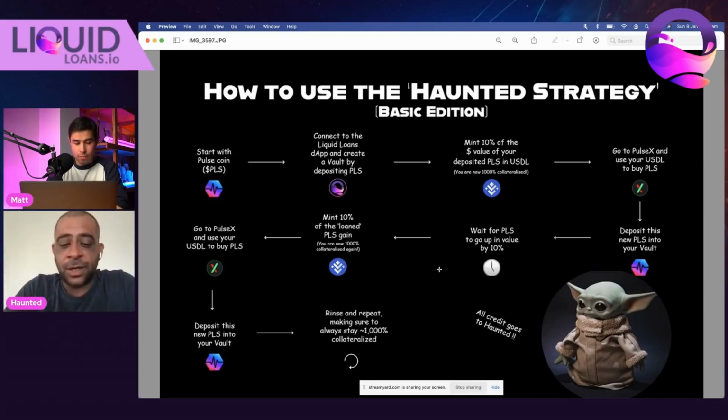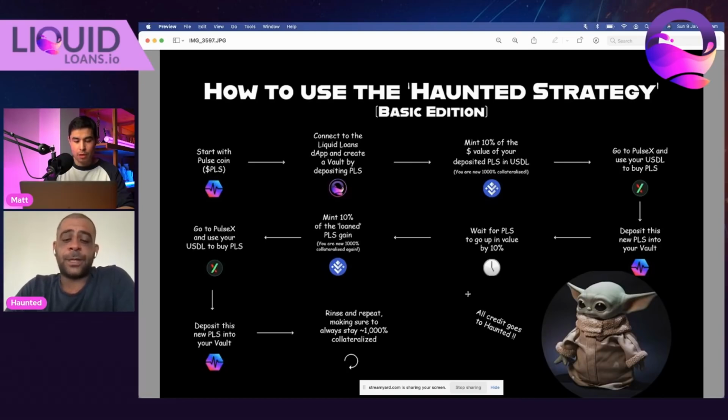You never take a loan if you're lower than 1,000%. You always wait for price appreciation. Say the collateral is now sitting at 1,200%. You can simply go to the front end, bring that collateral back down to 1,000%, buy more Pulse with that loan amount, put that into your vault, and you're done.